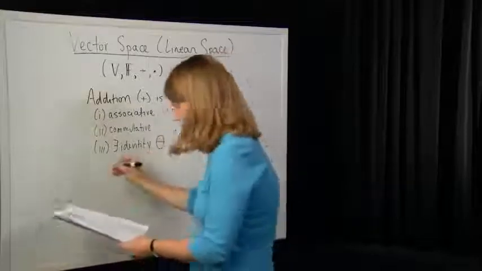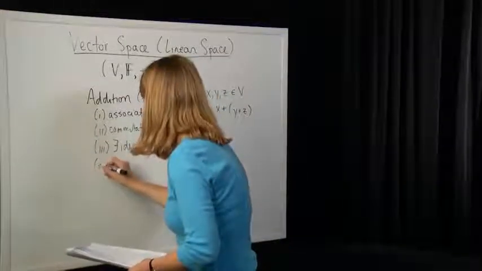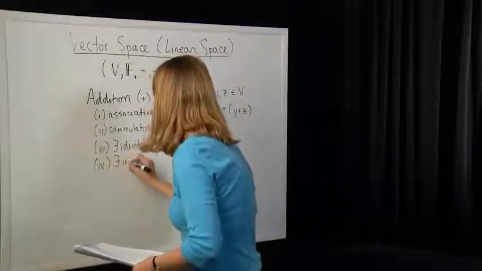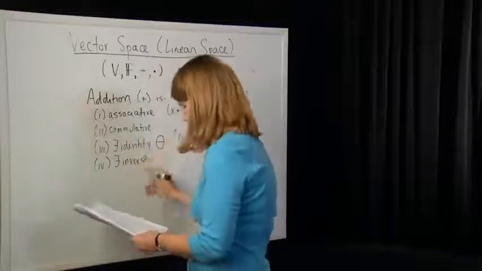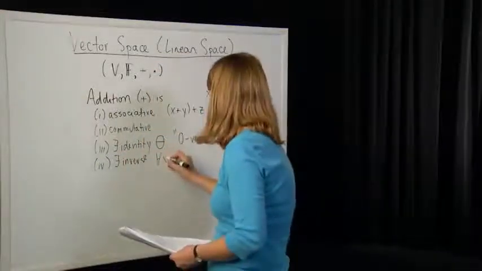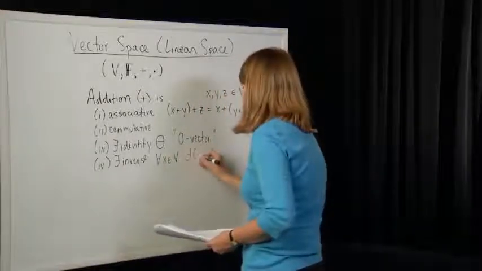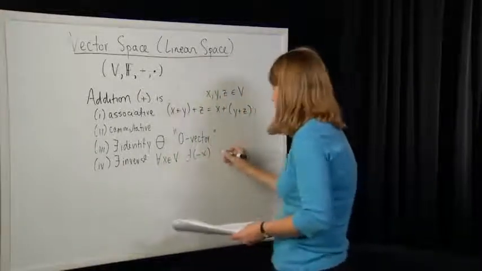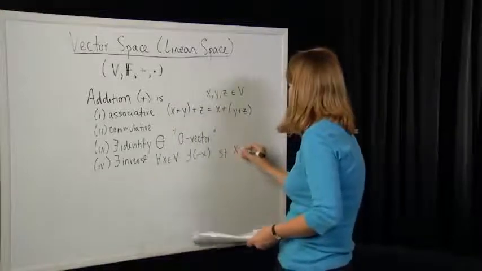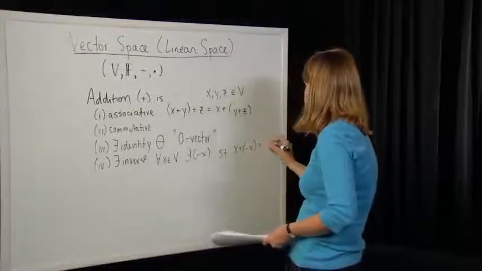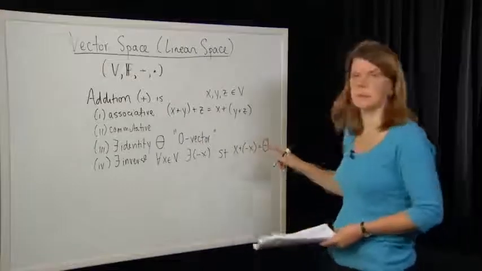And so similar to previous, and then we also have an inverse. There exists an inverse. And so what that means is if you look at any vector in your vector space, any vector x, there exists a vector which we'll call minus x, such that x plus minus x gives us back the additive identity, the zero vector.